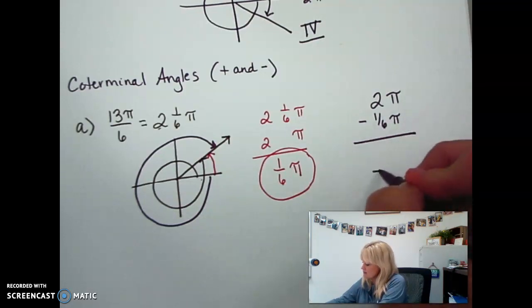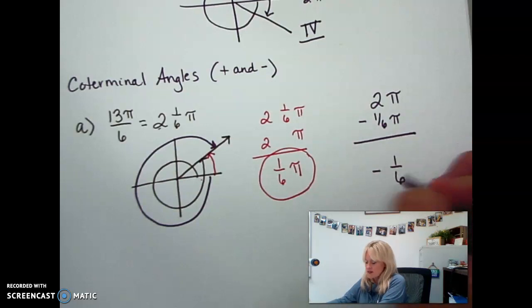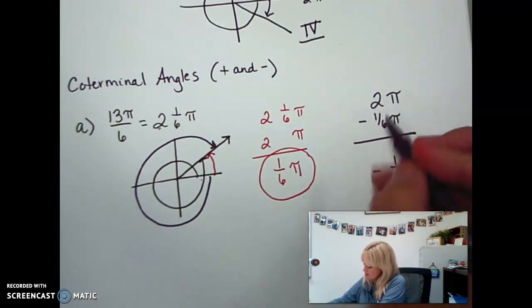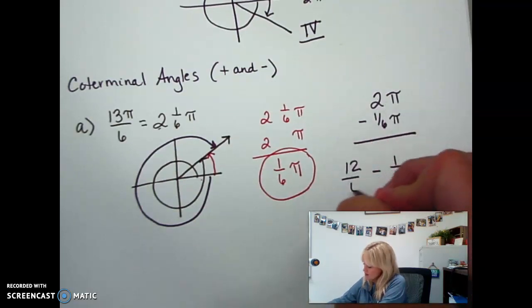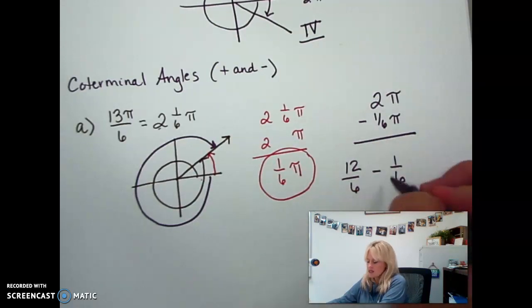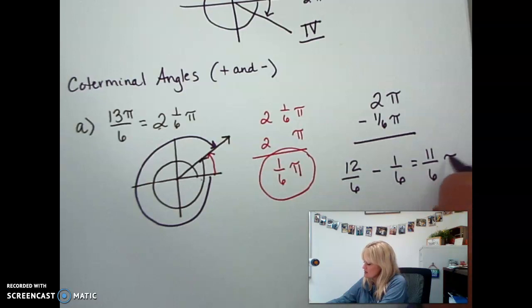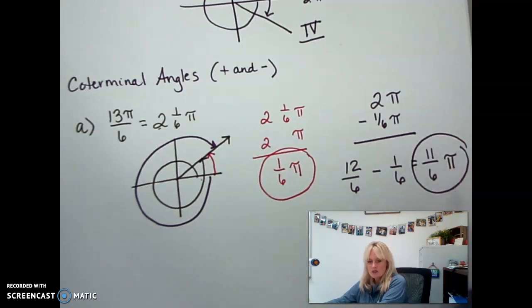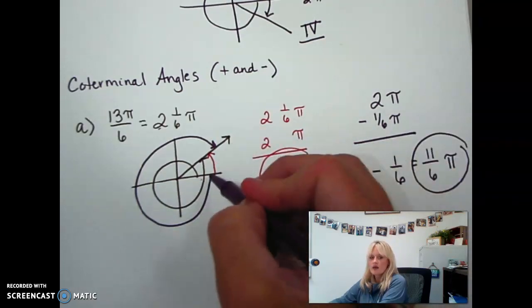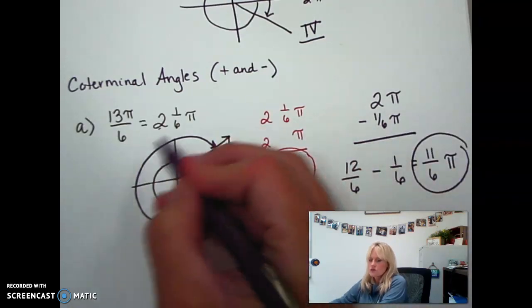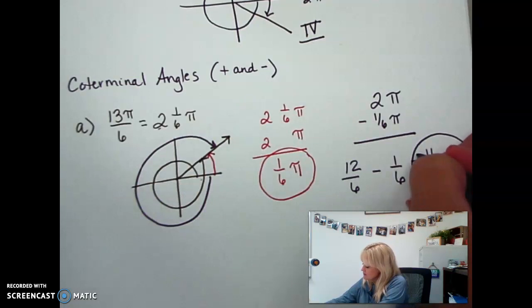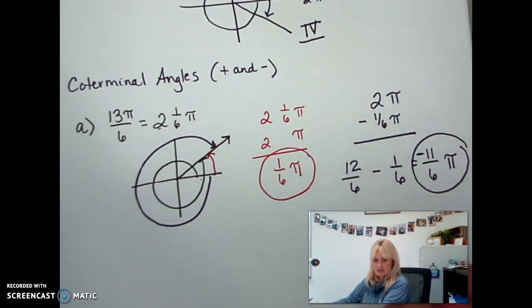If my denominator is 6, then 2 is the same as 12/6. 12/6 minus 1/6 is 11 pi over 6. Now, before you circle that as your answer, remember, what direction did we go? We went down. So down means this is a negative 11 pi over 6.